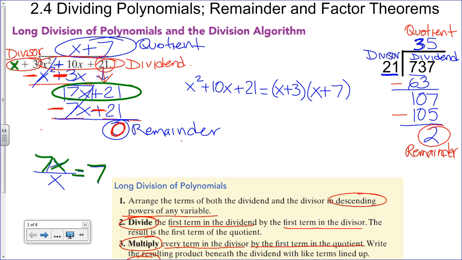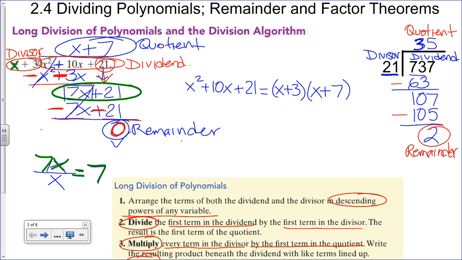In other words, the quotient is a factor and also the divisor, because the remainder is 0. So this is pretty much what this section is about, okay? Remember, sometimes it's not that easy to factor, so sometimes relying on the long division or synthetic division, which we're going to do next, that could also be useful.